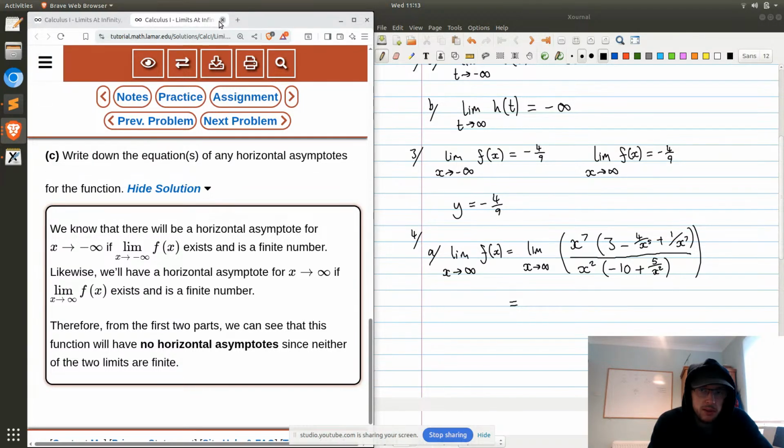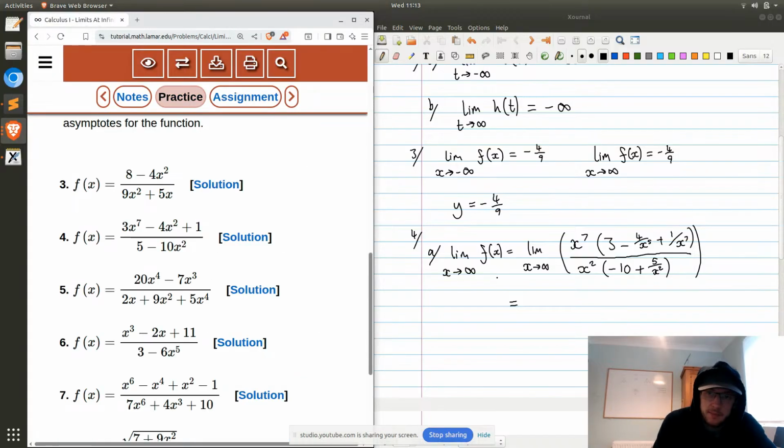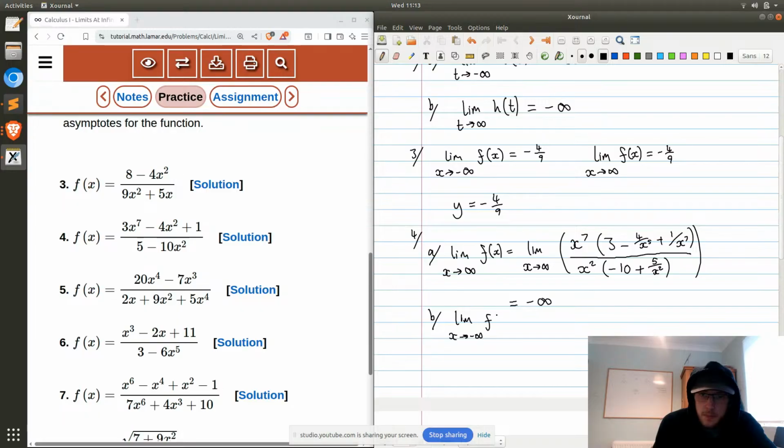No, it won't, based on the reasoning from earlier. But anyway, I have to think about what it will actually tend to, and it will go to negative infinity. Is positive infinity.